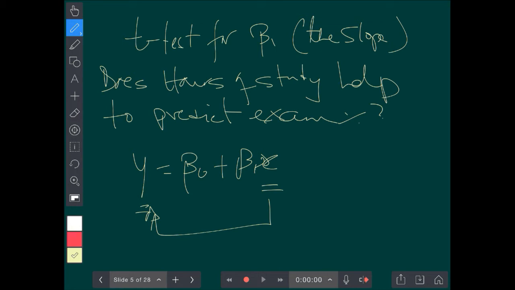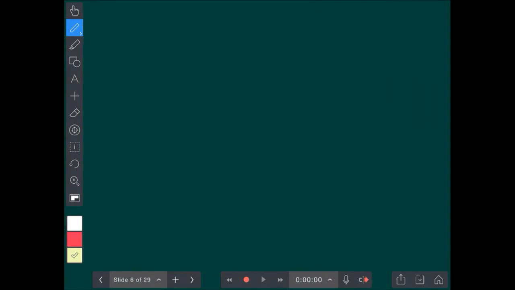It has to have a non-zero value. And so in essence, we will be testing H0: beta 1 is equal to 0 versus HA: beta 1 is not 0. That's what we'd like to prove. So let's do this. Step 1, our hypotheses. We'll test at the same alpha value so we can compare the results.